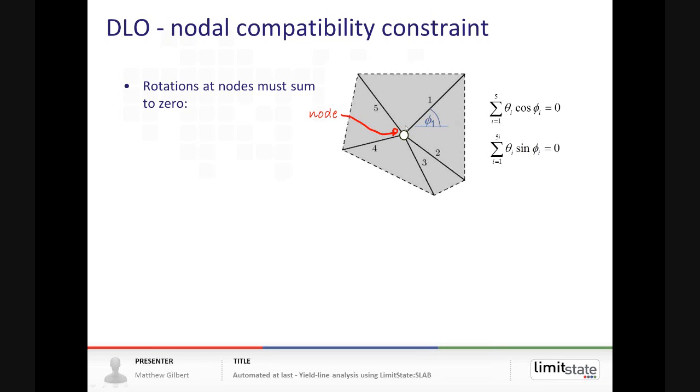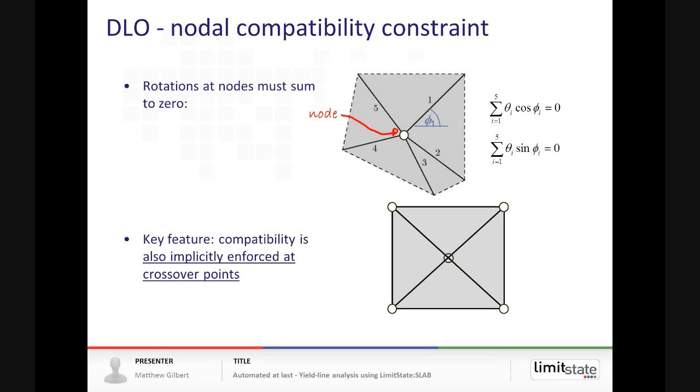What it actually means is that if we sit at some point in the slab and we go round the outside of a node, when we get back to the starting point, the rotation of the slab must be the same as it was to start with. And it must be the same in terms of x rotation and y rotation.